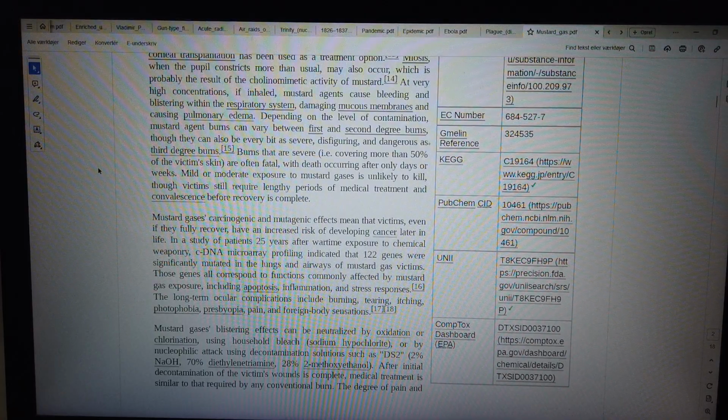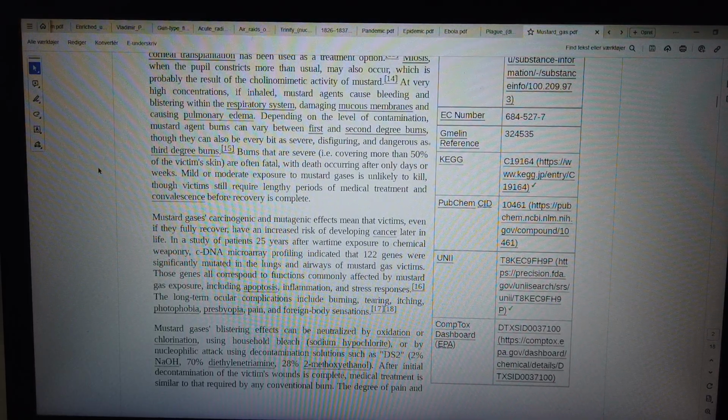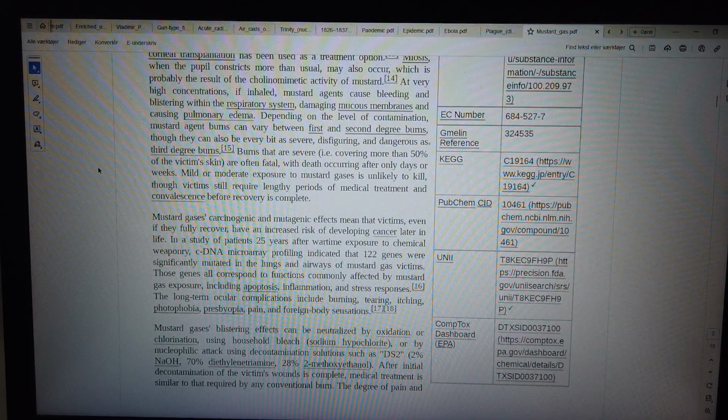16. The long-term ocular complications include burning, tearing, itching, photophobia, presbyopia, pain, and foreign body sensations. 17, 18.